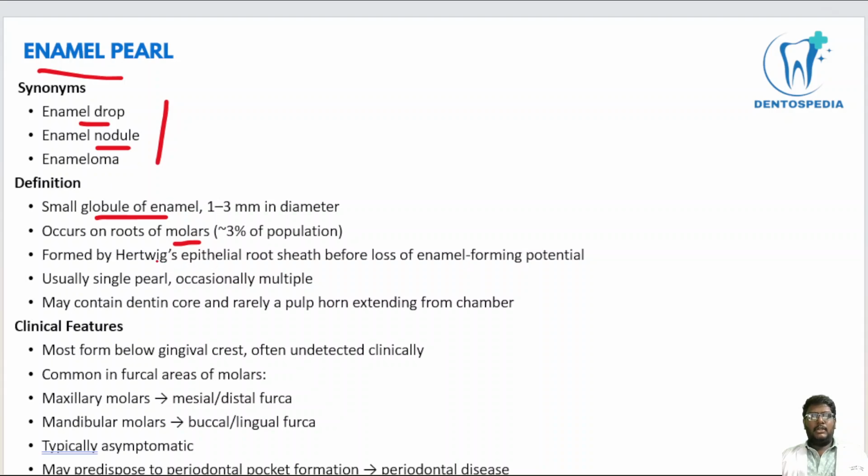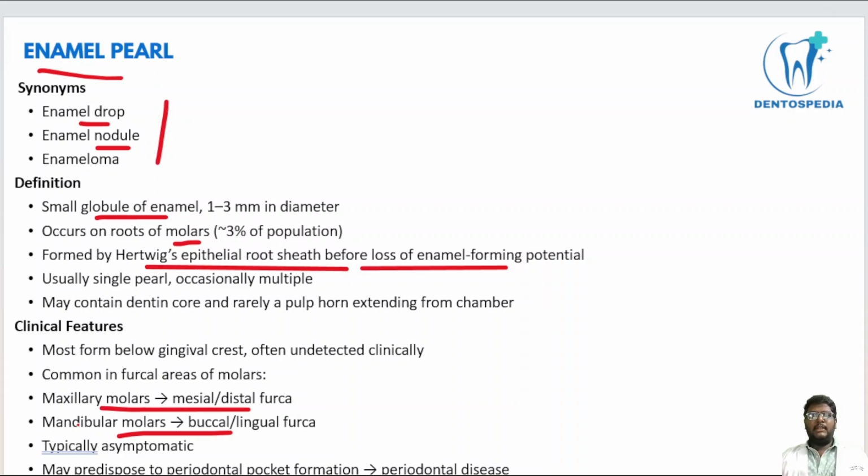It is mainly due to Hertwig's epithelial root sheath formation even before the loss of enamel forming potential. They are usually seen on the maxillary molars, medial and distal furcation, and sometimes mandibular molars, and they are typically asymptomatic. They are nothing but small nodules of enamel containing total enamel.